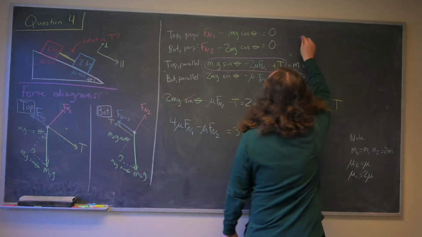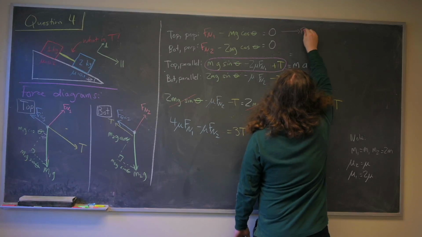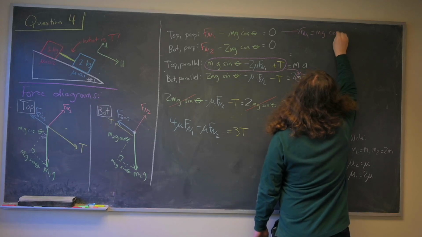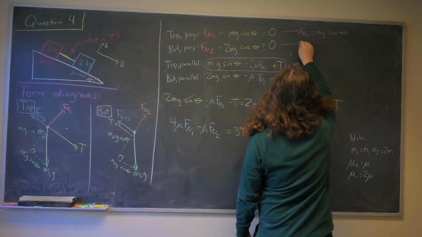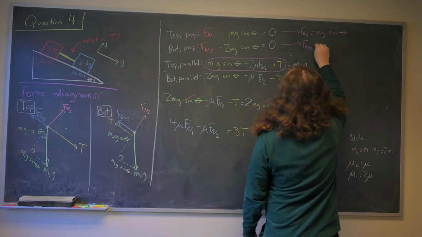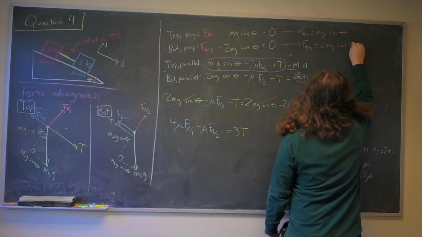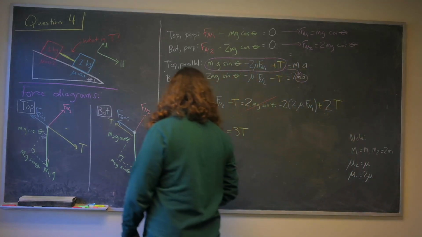What now? Well, I can find out the normal forces pretty easily. Up here, Fn1 is mg cosine theta, Fn2 is 2mg cosine theta. So now let's put that in.